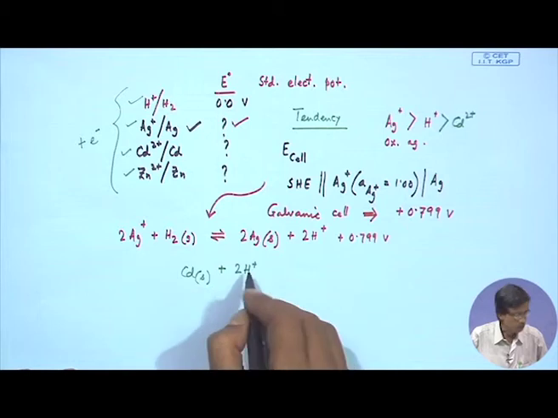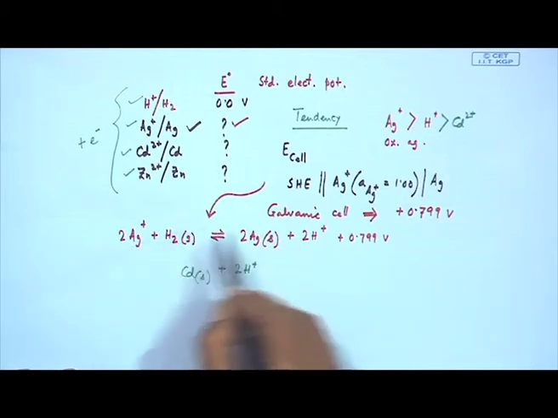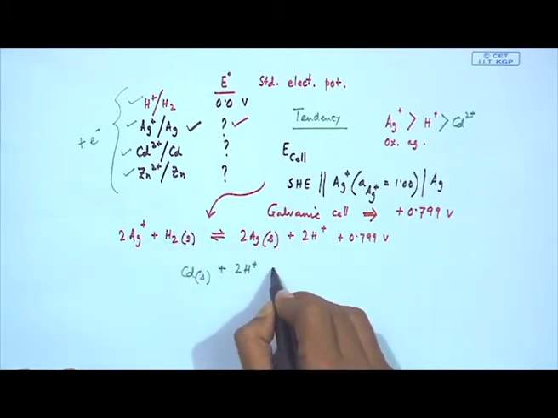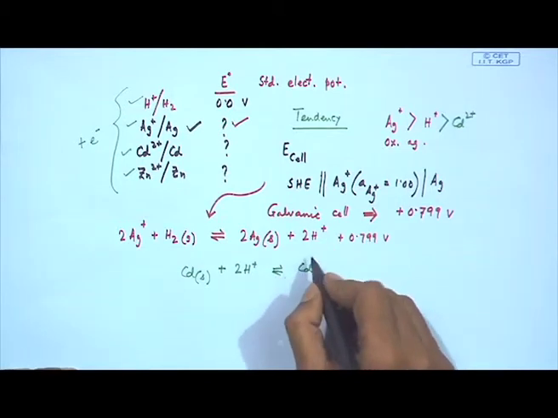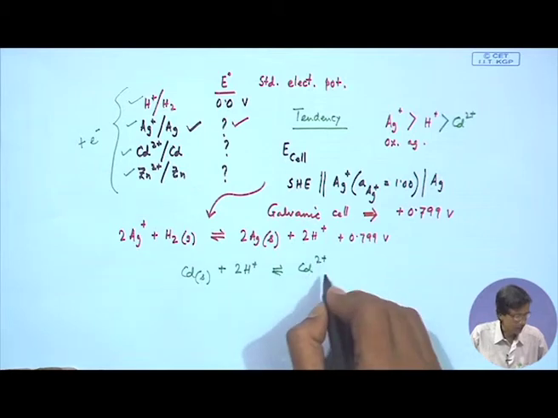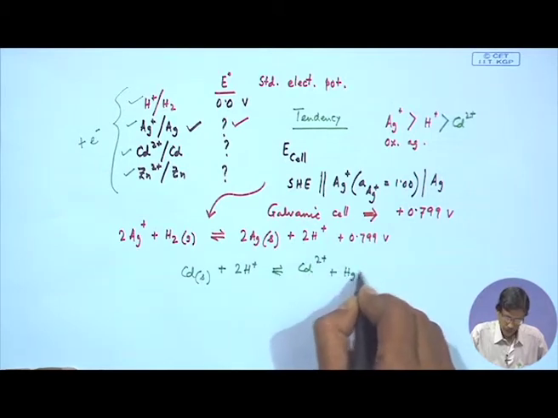So, the reaction will be different, opposite to that of the silver reaction. We get cadmium as cadmium 2 plus and hydrogen as the corresponding gas.